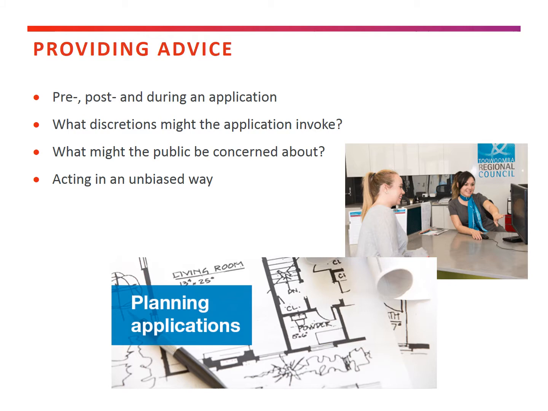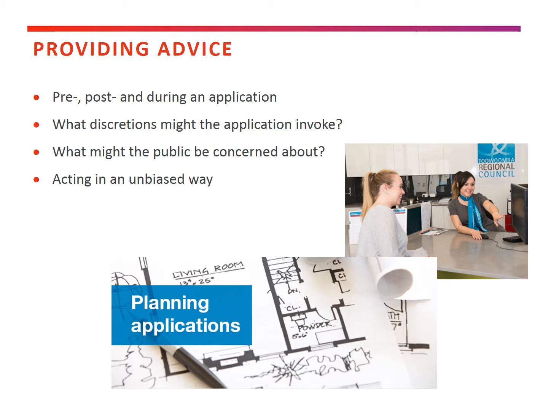The first thing, the thing that happens all the way through the application, is that the council planner provides advice. So in bigger councils like the City of Hobart, every day there are two what they call duty planners who are on call to talk to people about planning. So if you phone council or you come in face to face and ask to speak to a planner, then it'll be one of those two people who come down and talk to you.